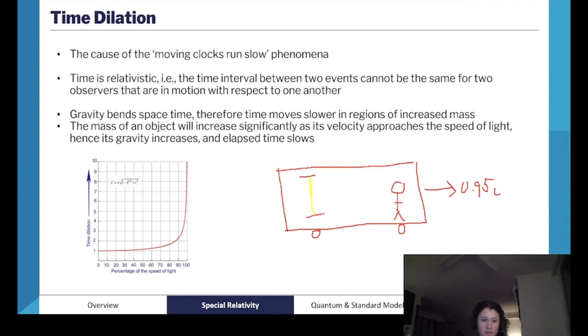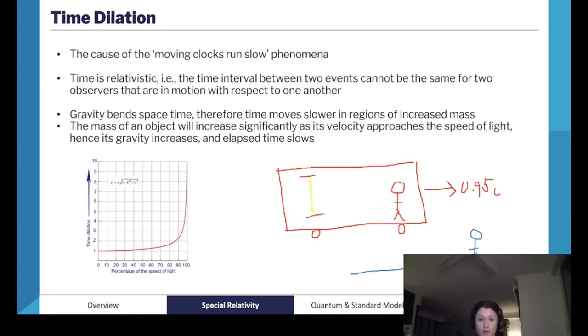Now, say we have a person on the station. He is not moving, he's just standing on the station, and he is looking at this scenario. To him, he's not just seeing what's happening inside the train, he's also seeing the movement of the train as it's going past.